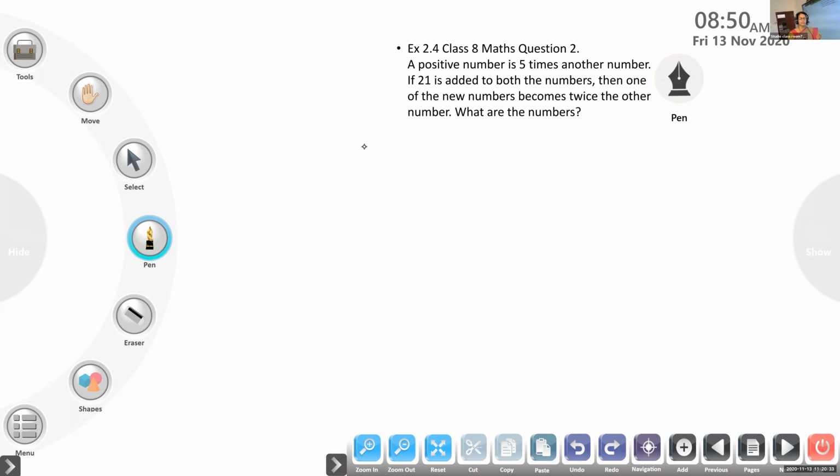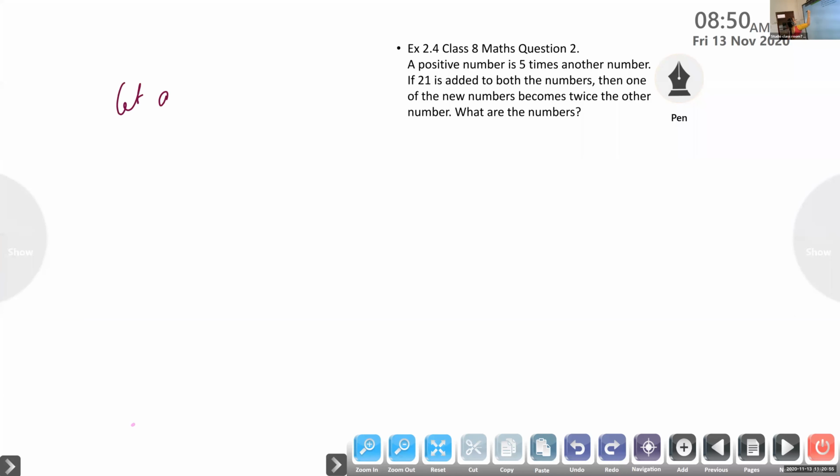So which will we take as x? How can we express it? The positive number is 5 times another number. Another number is x. Let another number be x.